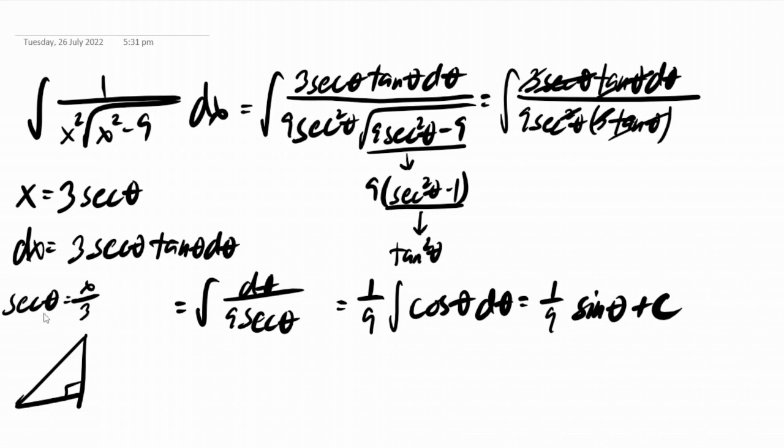But since it's secant, it is equal to hypotenuse over adjacent. So x is the hypotenuse, and 3 is the adjacent.